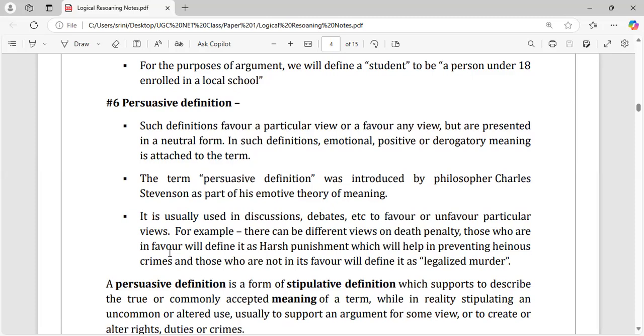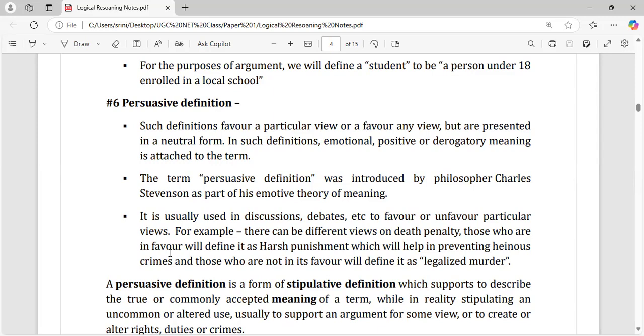For example, there can be different views on the death penalty. Those who are in favor will define it as a harsh punishment, which will help in preventing crimes, and those who are not in favor will define it as a legalized murder.